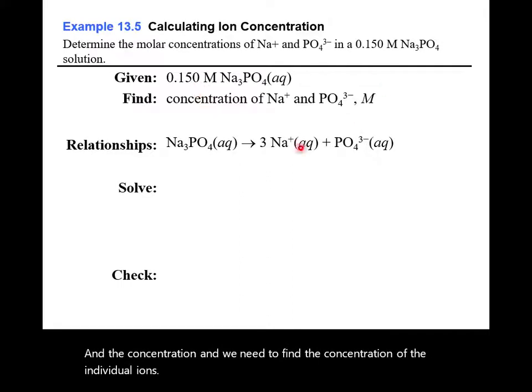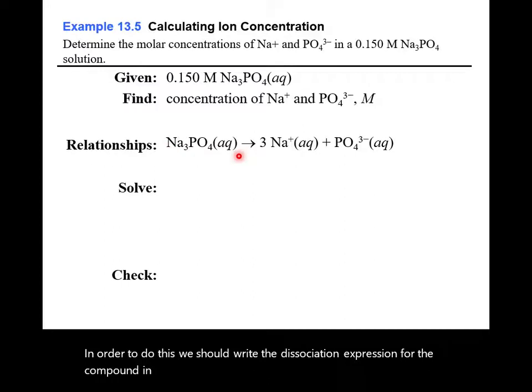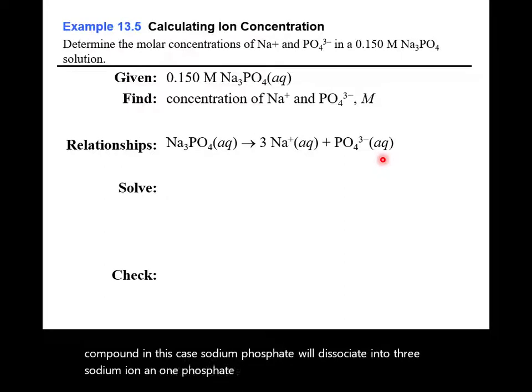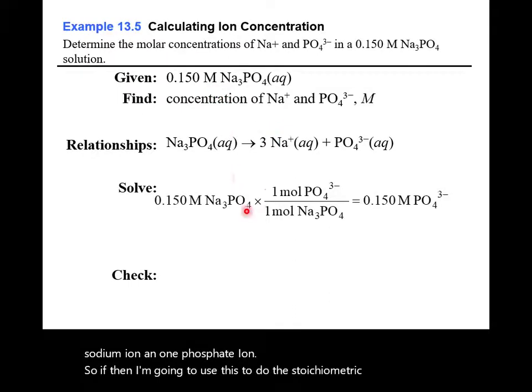In order to do this, we should write the dissociation expression for the compound. In this case, sodium phosphate will dissociate into 3 sodium ions and 1 phosphate ion. And then I'm going to use this to do the stoichiometric dissociation to determine the concentration.